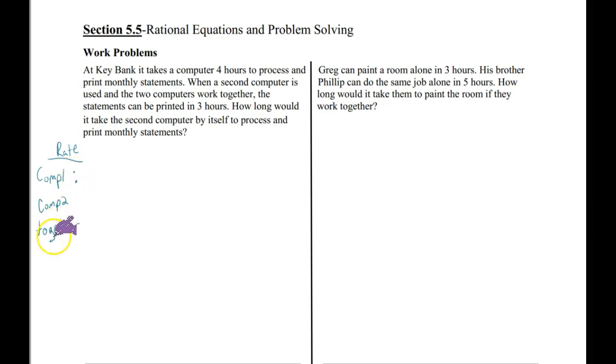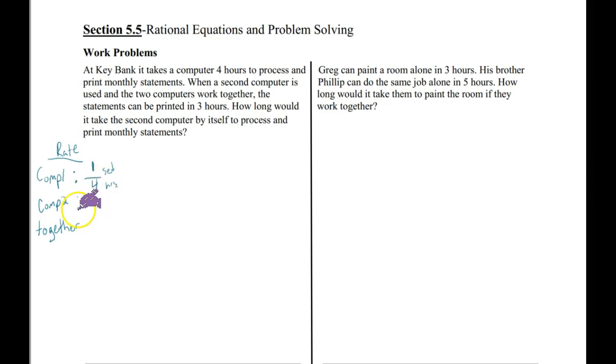Computer 1 takes 4 hours to process and print monthly statements, so it can do one job, one set of documents, in 4 hours.